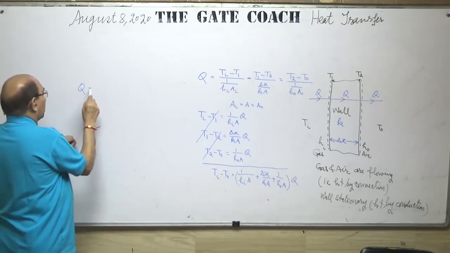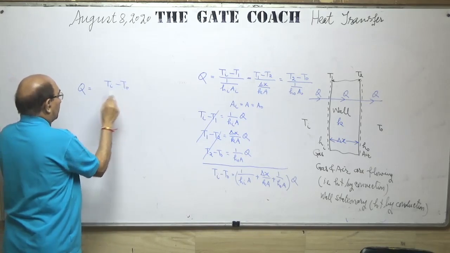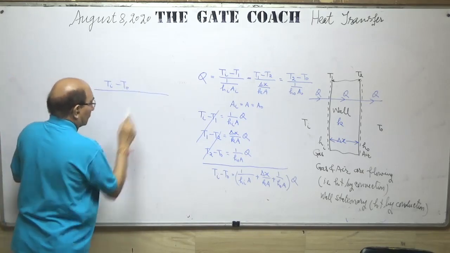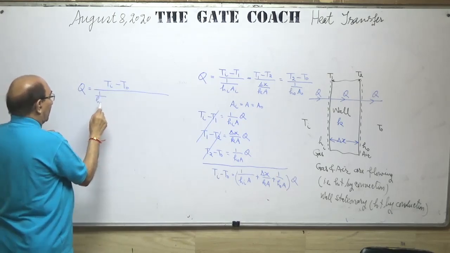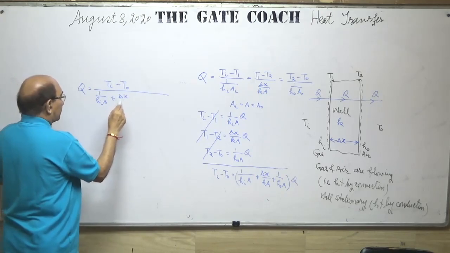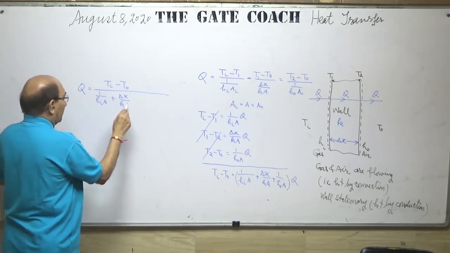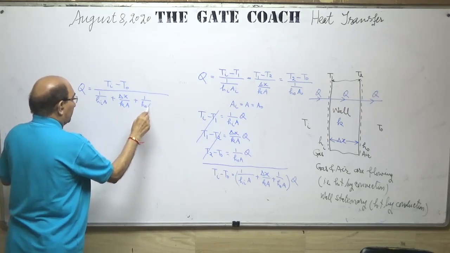So Q is equal to Ti minus To upon 1 upon Hia plus delta X upon Ka plus 1 upon HOA.